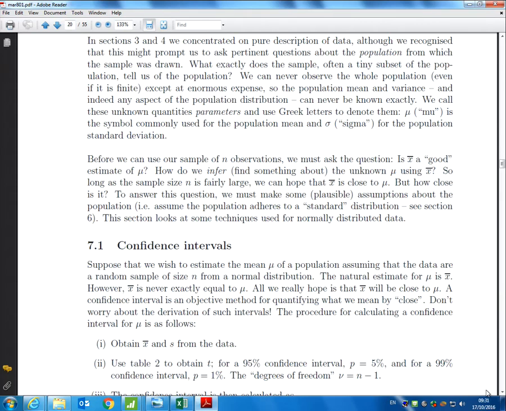So, I want you to imagine that in Newcastle, we're interested in the average house price. And we randomly select two houses. One house is worth £100,000 and the other house is worth £400,000.